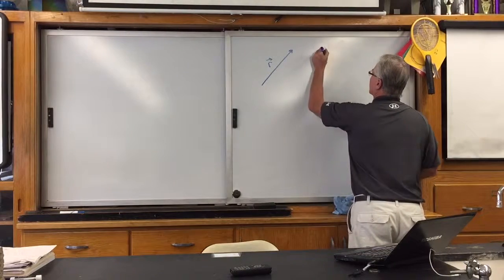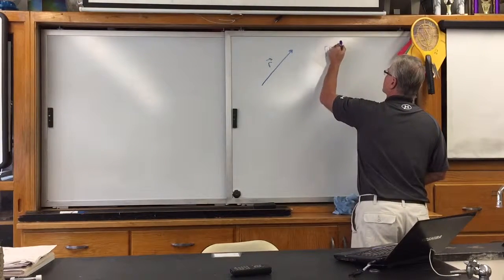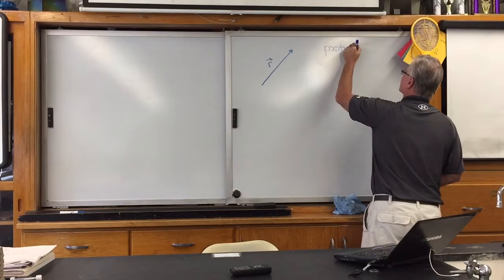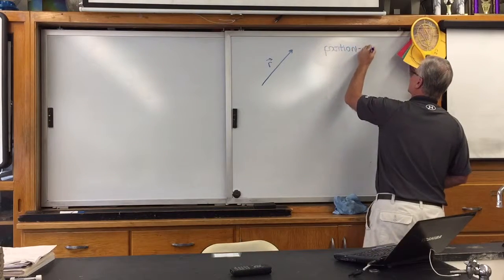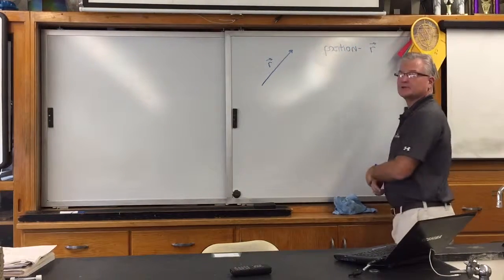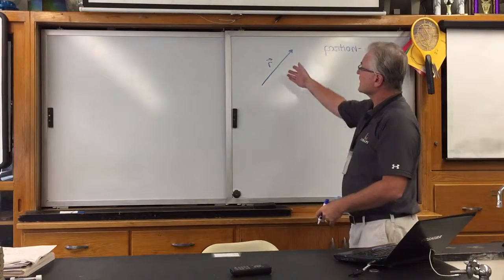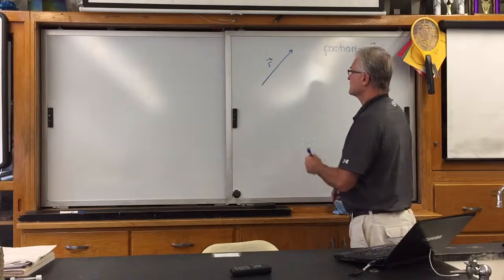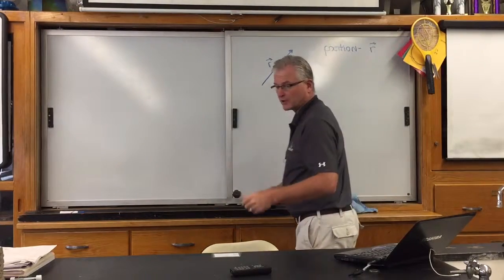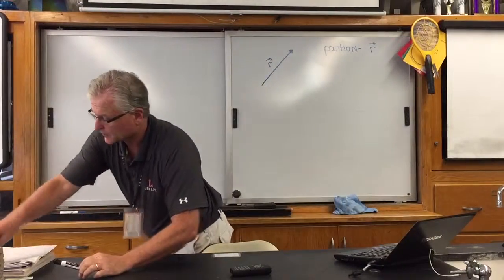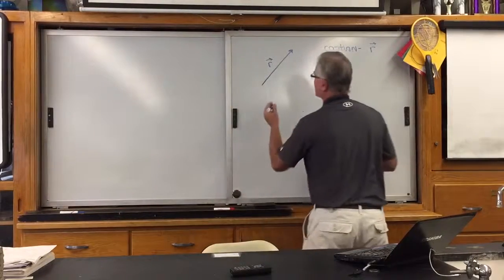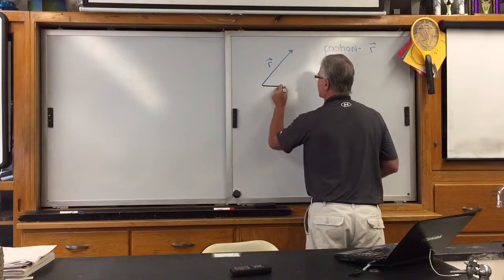So if you notice now, position now is given by the letter R, and we're going to put a little arrow above the top just to let everybody know that it's actually a vector. So I have my position vector here, and let me draw some components for you. I want to simplify the components a little bit.